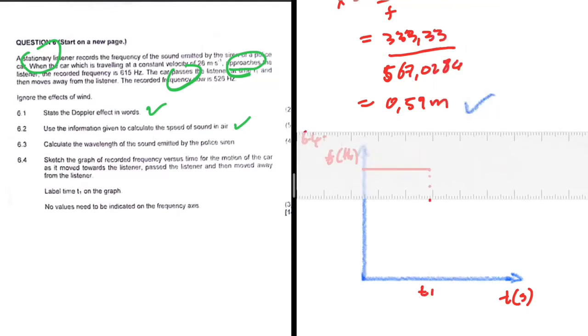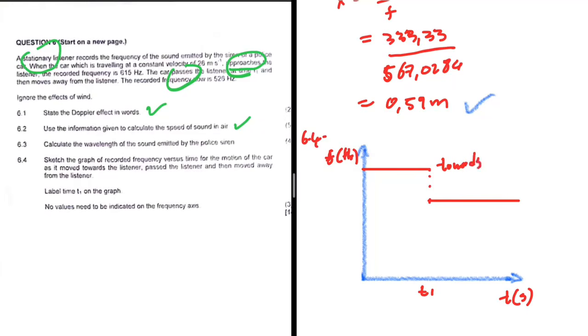The frequency is going to decrease. It doesn't say we must indicate which one is towards, but here, this is towards. This is away. And somewhere in the middle here, we have the emitted frequency. There we go.